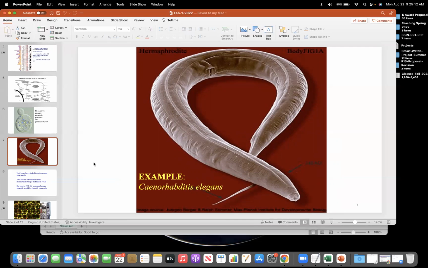So this is an example of model organisms. Say three model organisms which we use in the lab setting are mice, C. elegans, Drosophila, right?